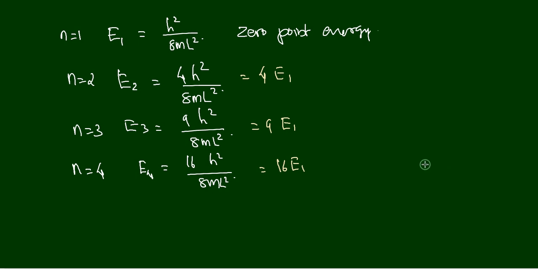So we have E1 here. The next possible value is E2, and E2 is 4 times E1. So let this be here, 4 times E1.